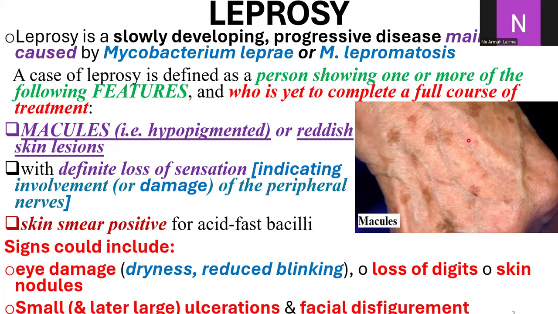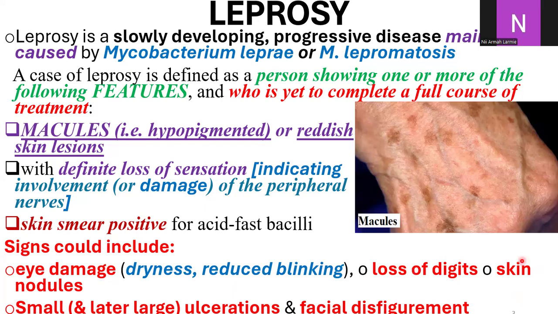Other signs that we could see due to these main features include damages. And again, that has to do with the loss of sensation. So you sometimes see eye damages. It could be as a result of dryness. You see reduced blinking. You see some patients have lost their digits, as we saw in the introduction picture.